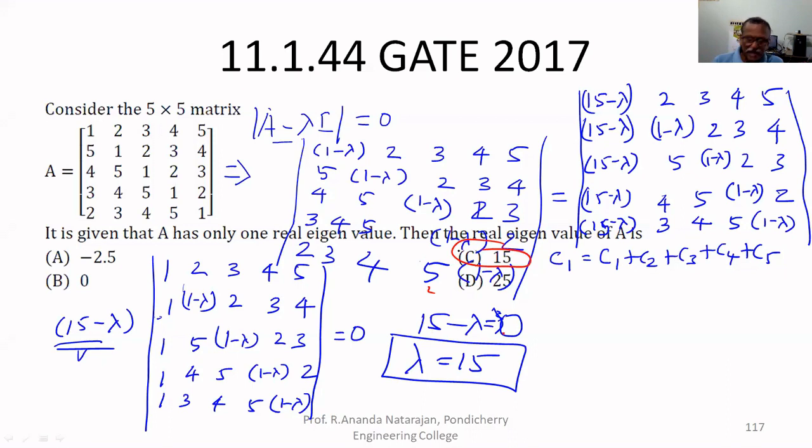So in this matrix, if you add all the numbers in each row, it gives the same value, 15. If you remember this, you can find that eigenvalue without doing all these things.